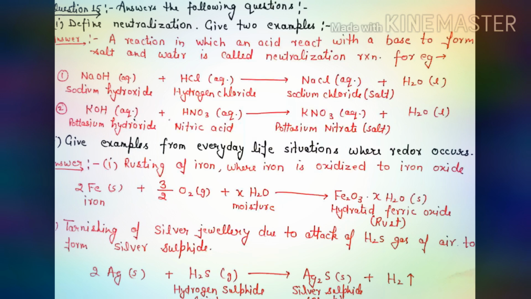Part 2: give examples of everyday life situations where redox occurs. So rusting and tarnishing are the 2 examples. For example, rusting of iron, when iron is oxidized to iron oxide, and second, tarnishing of silver jewelry due to the action of hydrogen sulfide gas of air to form silver sulfide. Both the reactions are already given.